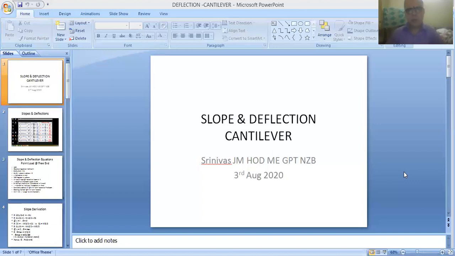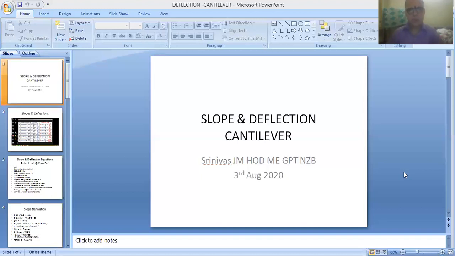As I've already told you, the slope and deflection values depend upon the type of load acting on the beam. Just now we have talked about the types of loads, namely point loads and UDLs. Therefore, slope and deflection values will be different for point loads and UDLs acting on a cantilever.